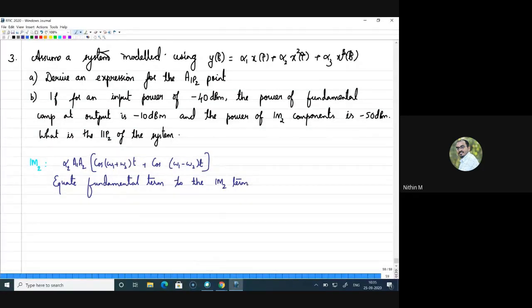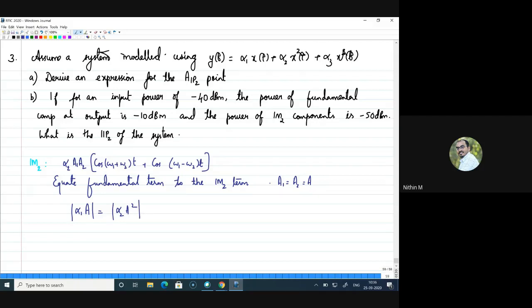In that case, we will just assume that A1 is equal to A2 is equal to A. The fundamental coefficient is nothing but alpha 1 into A, and your IM2 coefficient is alpha 2 into A square. We are equating these two.